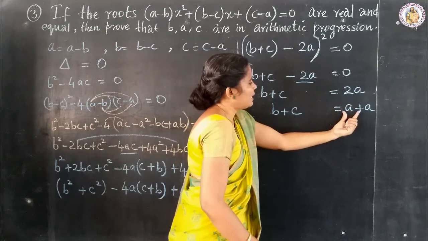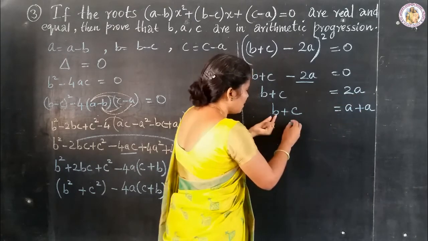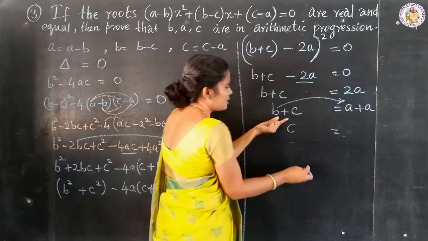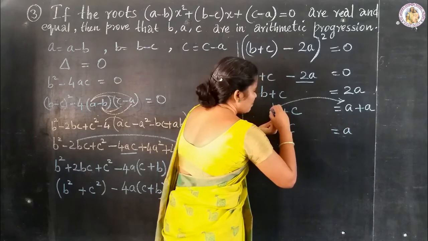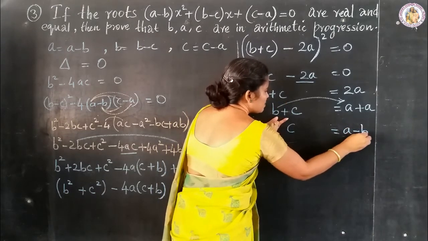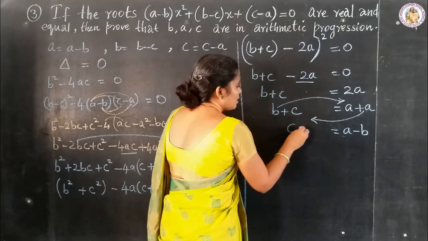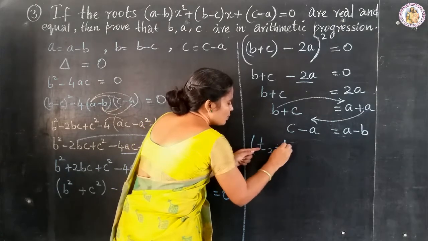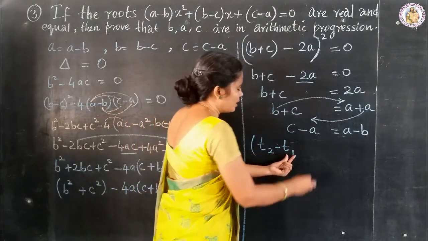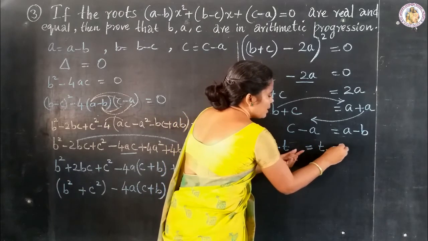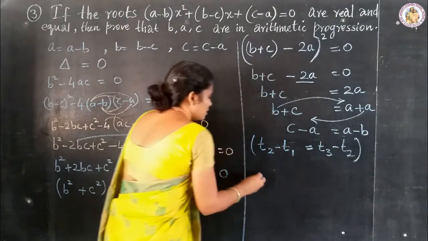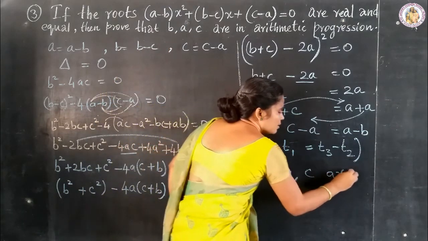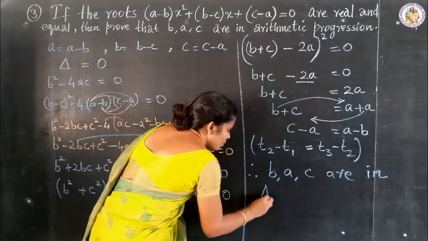If you take b, when it comes here it becomes minus b, and again here we have a minus a, and hence T2 minus T1, that is term 2 minus term 1, is equal to term 3 minus term 2. Okay, therefore b, a and c are in arithmetic progression.